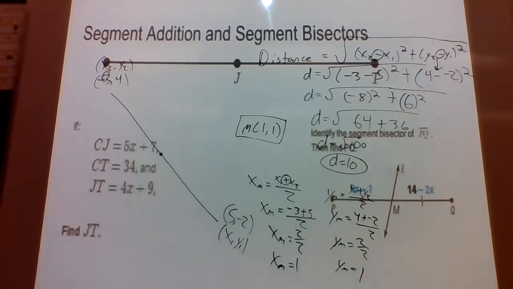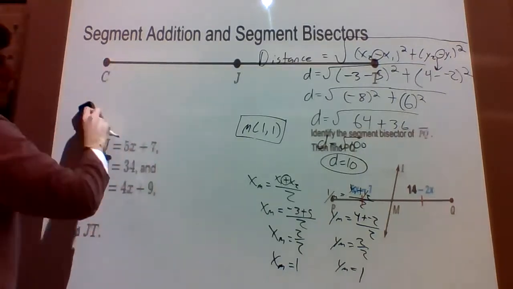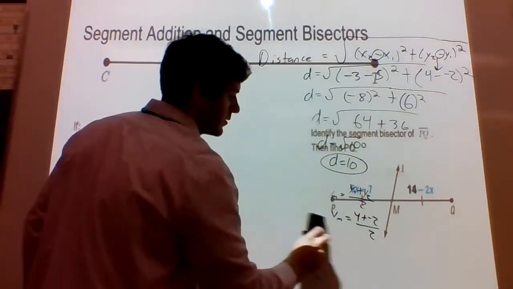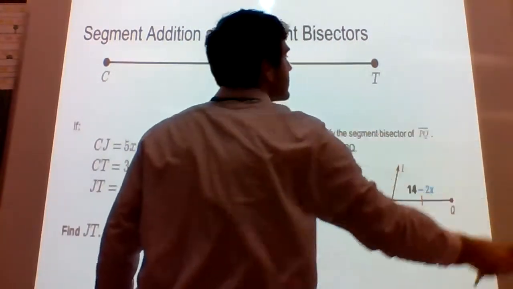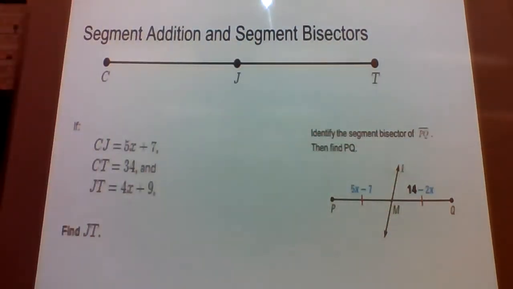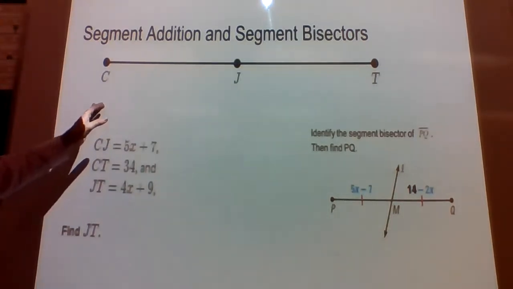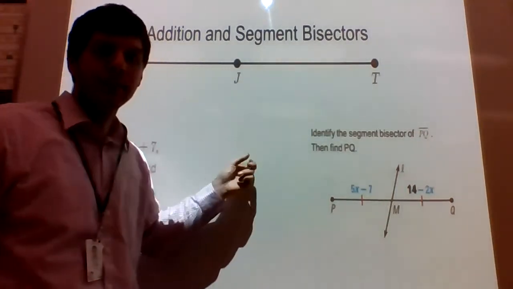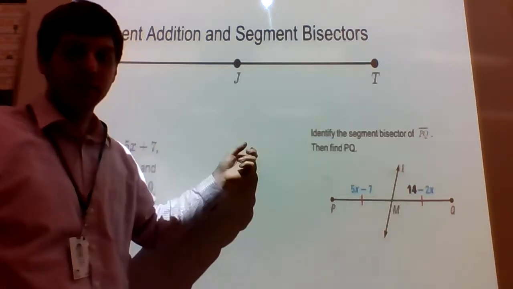Segment addition and segment bisectors. So this is our third problem here. We have C, J, and T. The segment addition postulate says if we have a point B that's between A and C, then AB plus BC is going to equal AC.